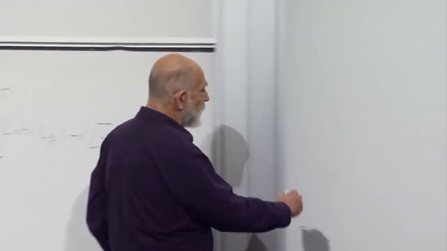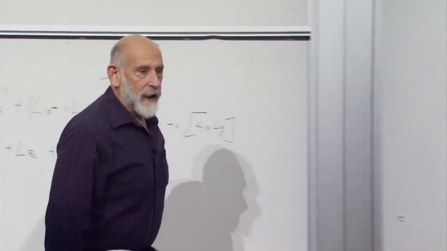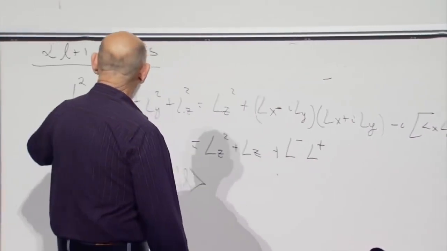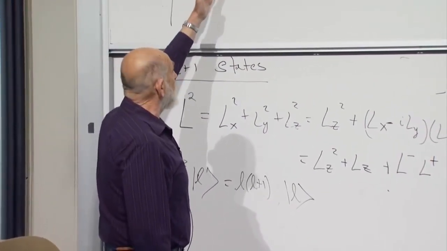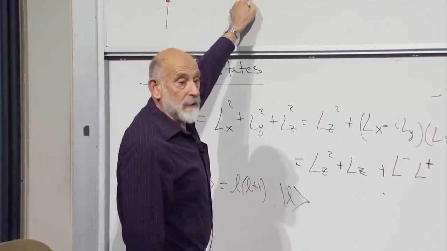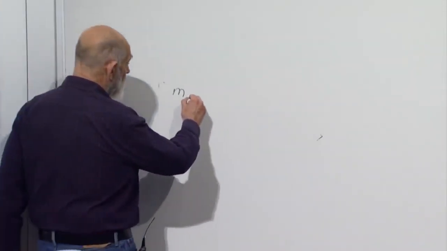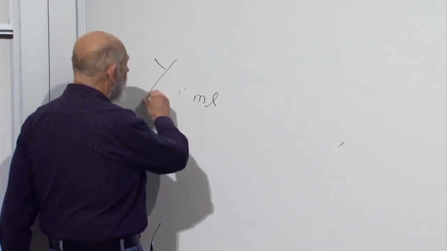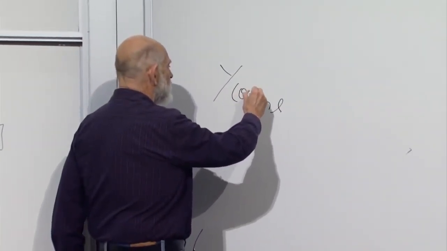So whatever they are, they're functions which have a little subscript m, and that's the z component, but they're also eigenvectors of L squared, or in other words, they can be characterized by a little L. And they're called YLM, and they're functions of theta and phi.